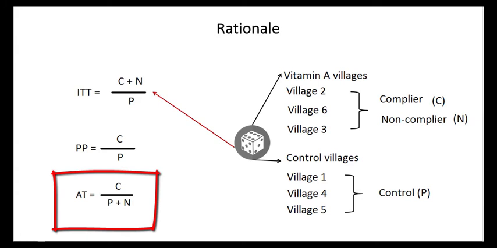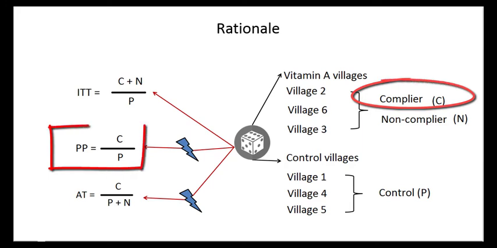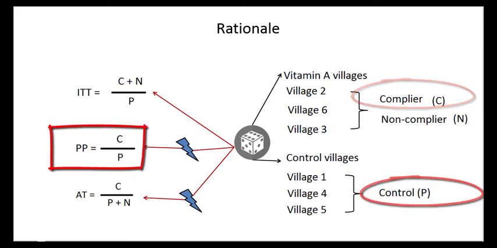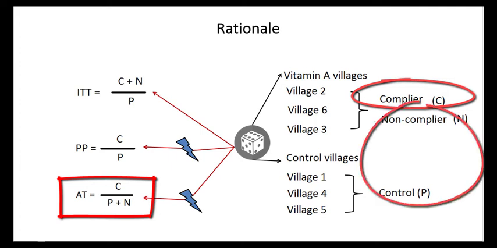Another analysis approach is the as treated, or AT, approach. As the randomization at baseline is broken due to non-compliance, only patients who complied with treatment assignment are not comparable to patients in the control group. Similarly, only patients who complied with treatment assignment are not comparable to patients aggregated from the control group and the non-complier group.